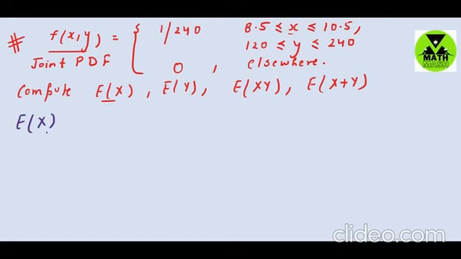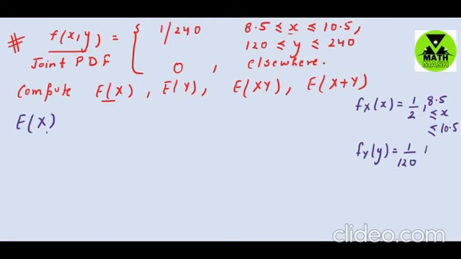So for the expected value of x, we have already computed the marginal densities of x and y, where fx of x is equal to 1 by 2 where x is between 8.5 less than or equal to x less than or equal to 10.5, and the marginal density of y, that is fy of y, is equal to 1 by 120 where y is between 120 less than or equal to y less than or equal to 240.